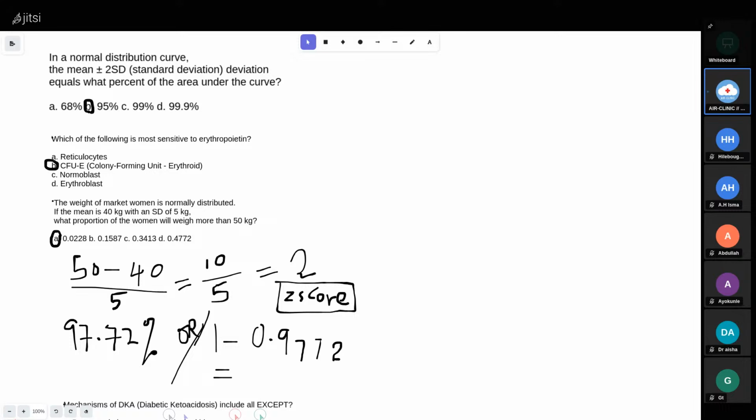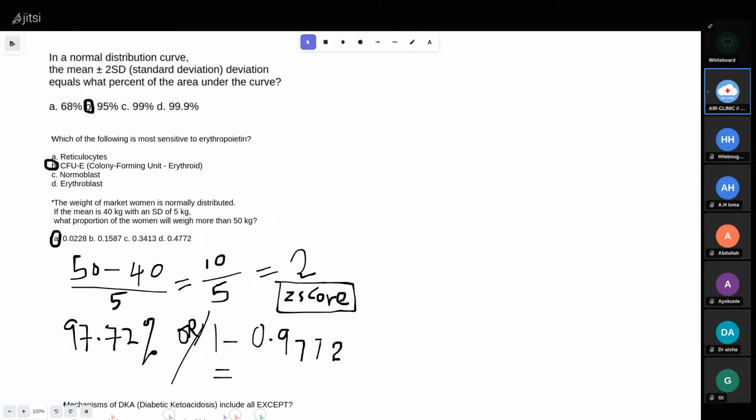Okay, we have antitopoisomerase, anti-DS DNA, anti-nuclear antibody, that's ANA, ANCA, anticentromere. If you get the diagnosis, you can get the antibody that is involved very easily.